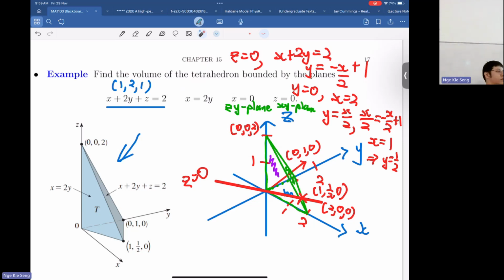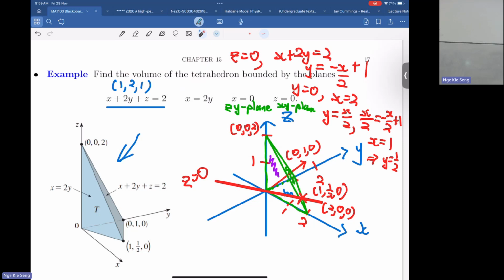They didn't tell you, right? Can you imagine this volume as a volume under some surface? Which surface do you think? Which part of the plane can become your surface?